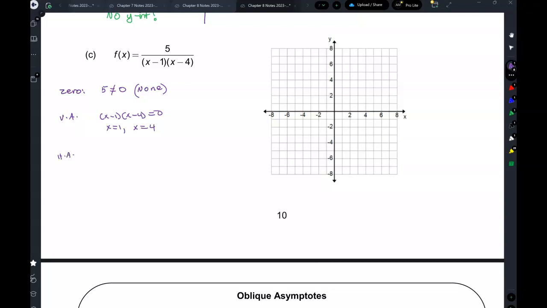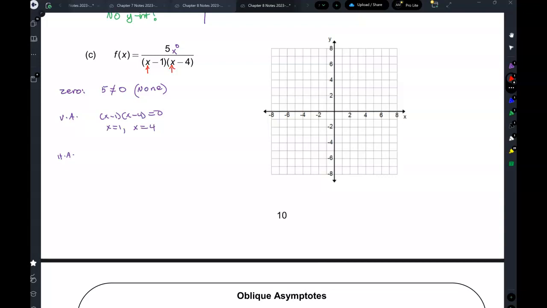Now, horizontal asymptote. Here, when you have just a constant, the degree is 0 because it's 5x to the 0. On the bottom, this is factored out, but if you multiplied it out, it would be x squared minus 5x plus 4.